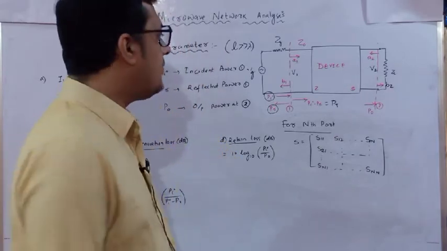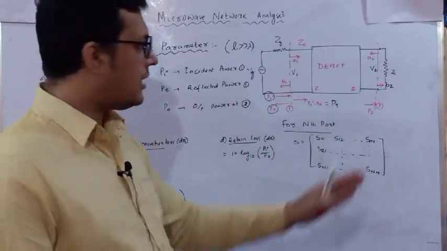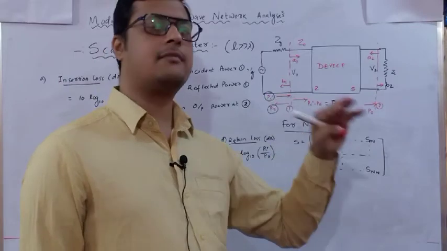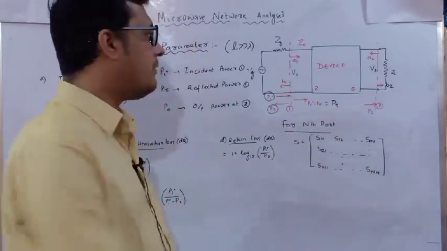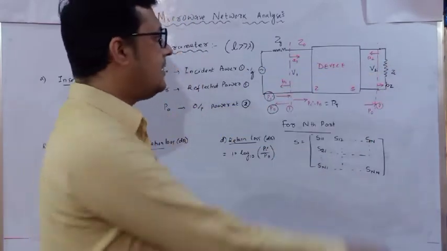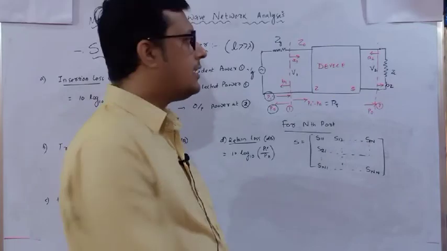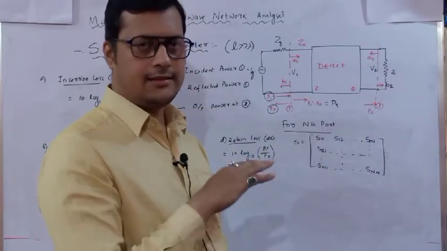Now let us consider this figure. Here it has only one source and the second port is terminated with a load impedance ZL. So that means no incident power. Whatever power is delivered is moving out. So as per the figure you can see that A2 is 0 for this particular case.